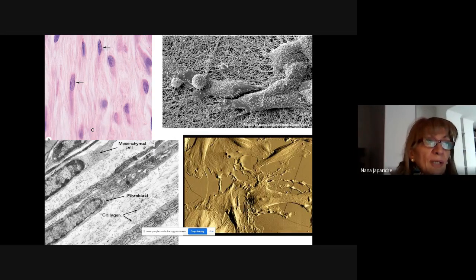But here you can clearly see a three-dimensional view of the collagen fibers. The same is true, for example, in the case of atomic force microscopy. How these two microscopical techniques, AFM and scanning electron microscopy, work, we will talk about next week.